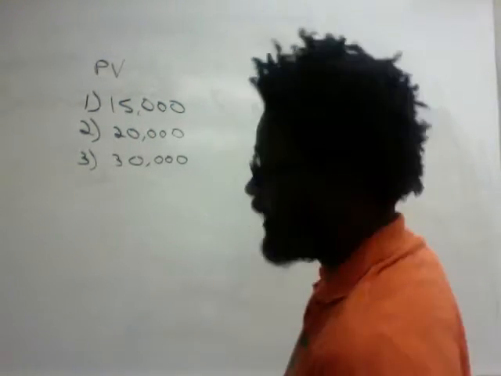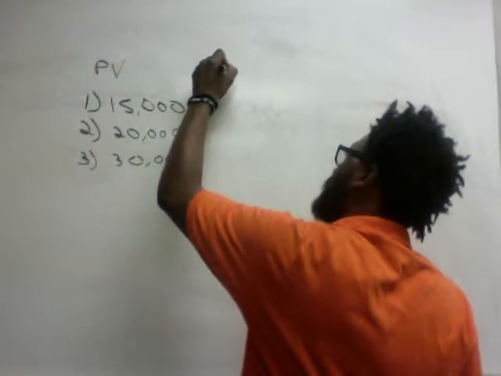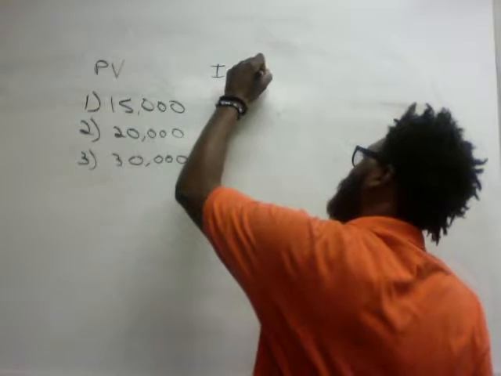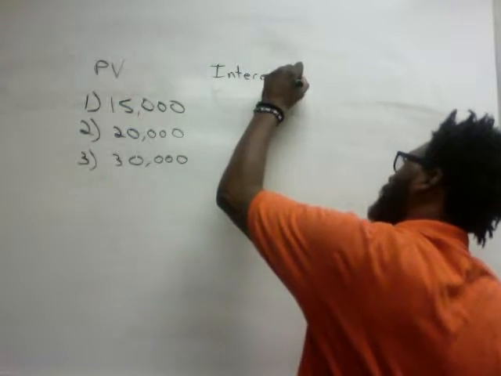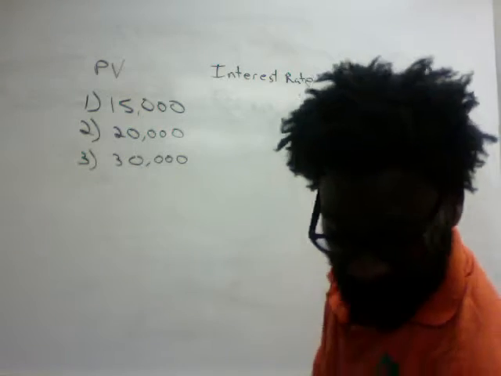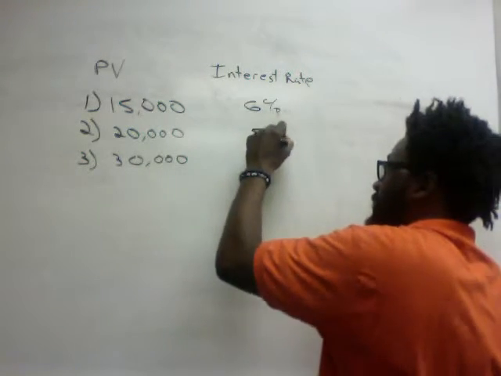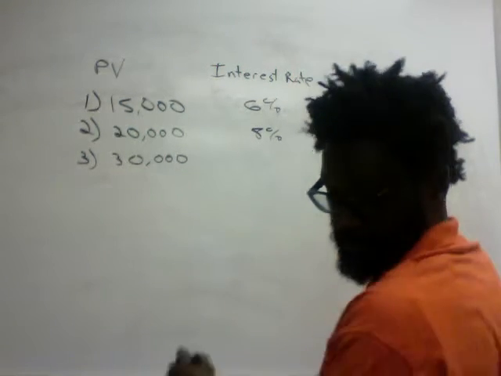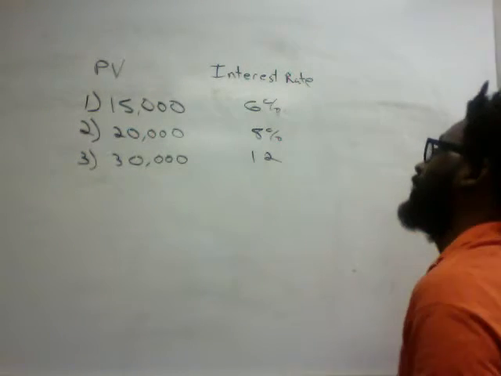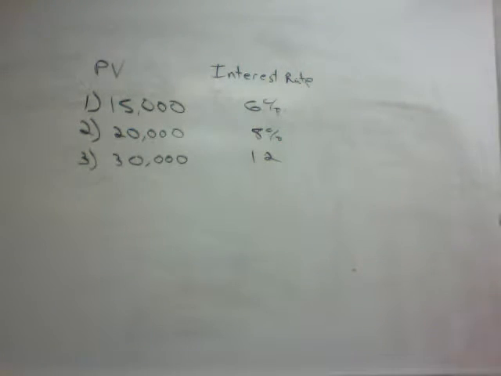Next, they have to always give you an interest rate. So let's give some interest rates for this. First interest rate will be 6%. Next interest rate will be 8%. And the last interest rate will be 12%. And then the next component will be the time, right? The time.